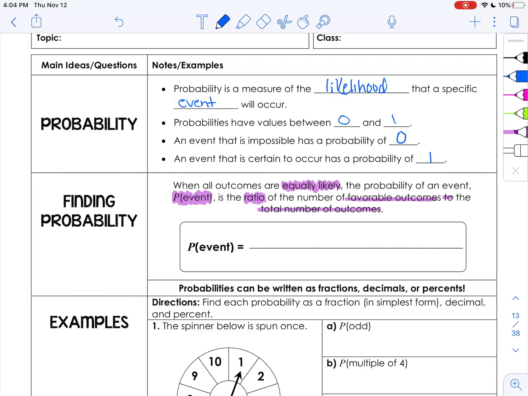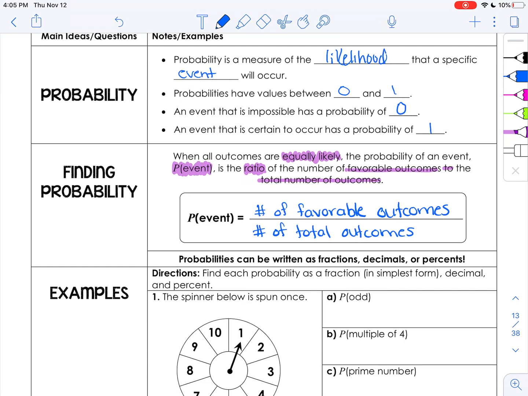So we write that as the probability of an event is the number of favorable outcomes over the number of total outcomes. And we can use this ratio to come up with our value for the probability.